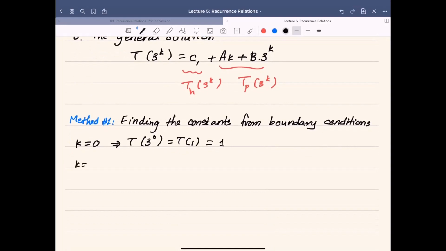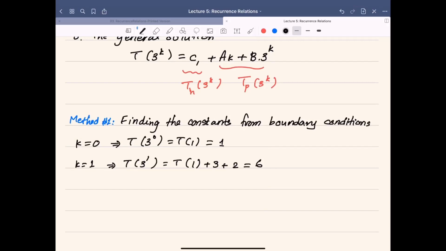For K is equal to 1, then we will have T3 raised to power 1, which is T3, but T3 can be found from the original recurrence relation, which is equal to T1 plus 3 plus 2, which is equal to 6.